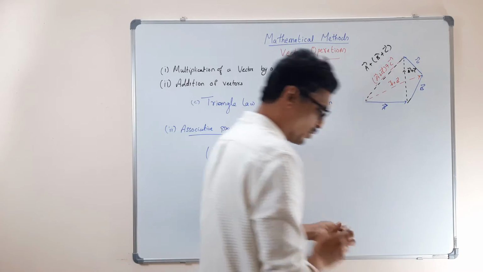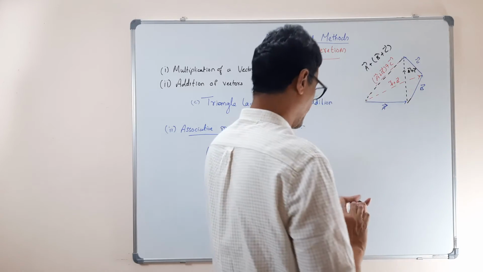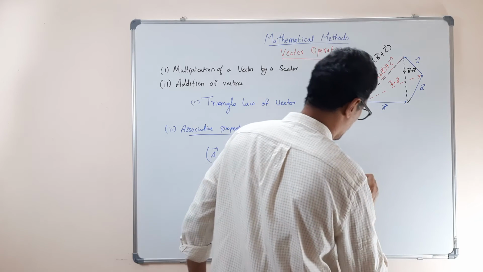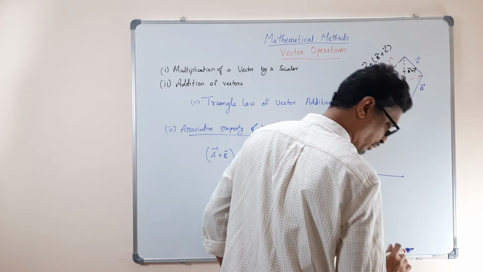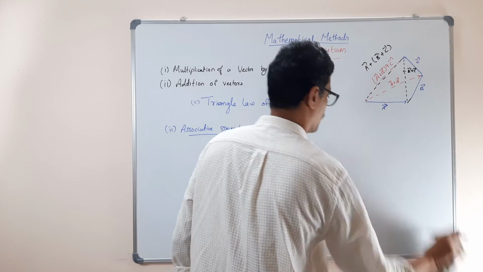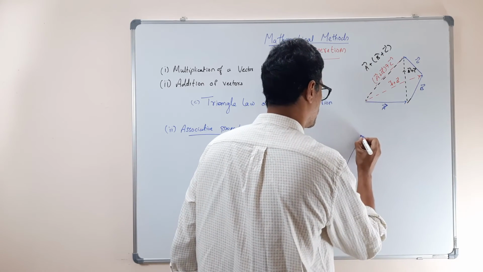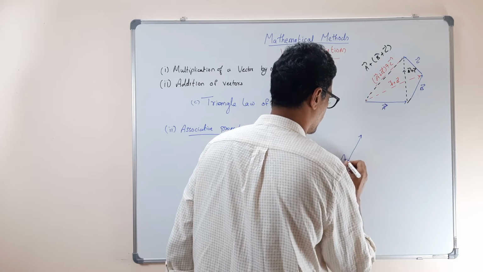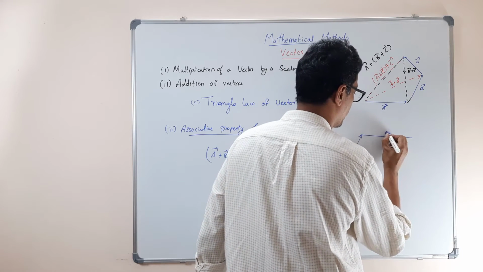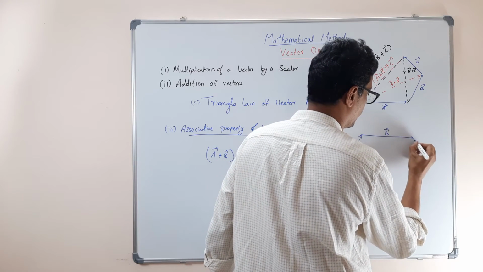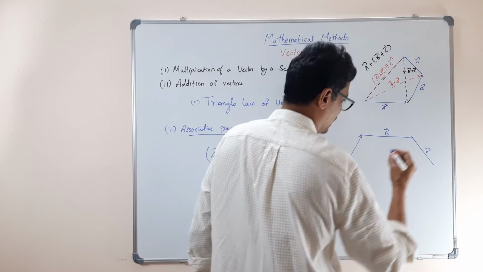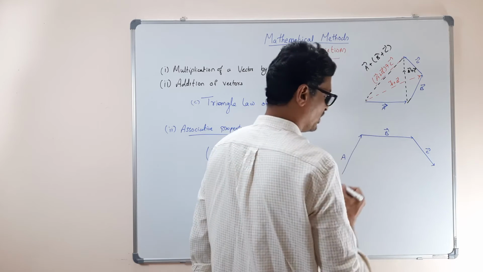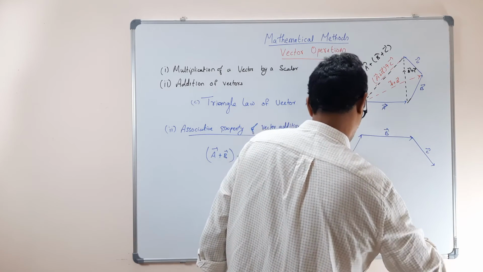And if you want to draw in a more simple and neat way, you can have something like this. In your book, they have written like this. You had a vector which goes like this. This is the A vector, and if this is the B vector, and if this is the C vector.